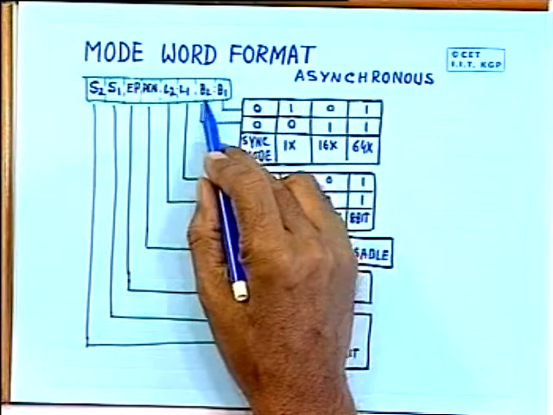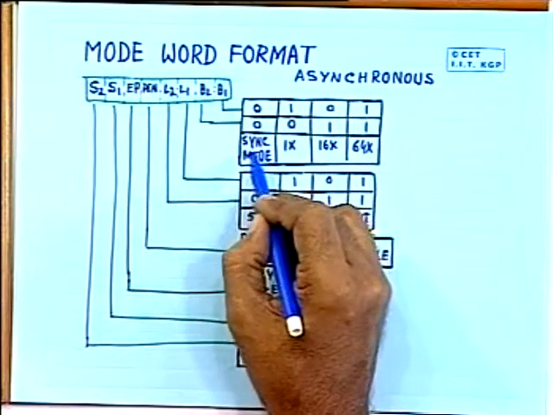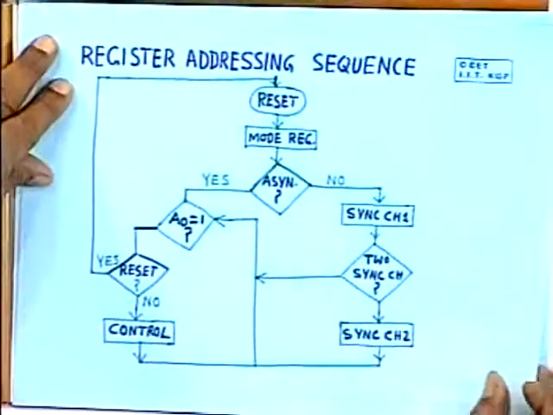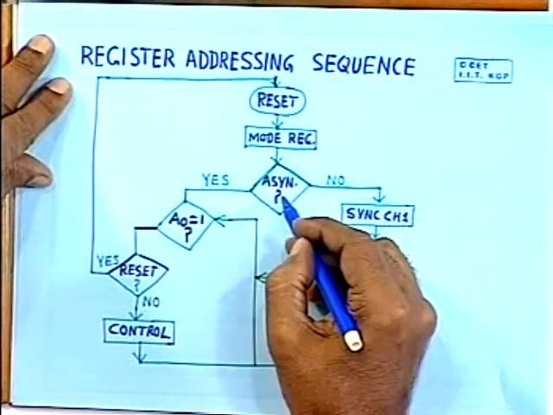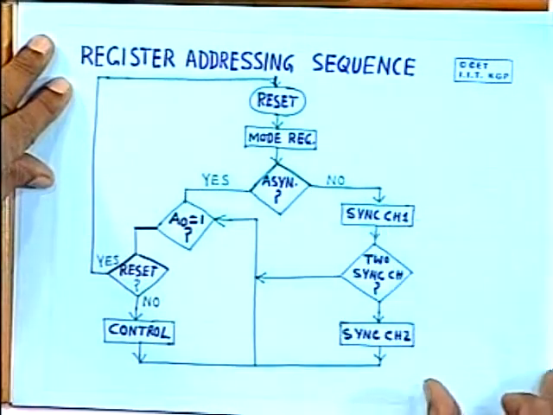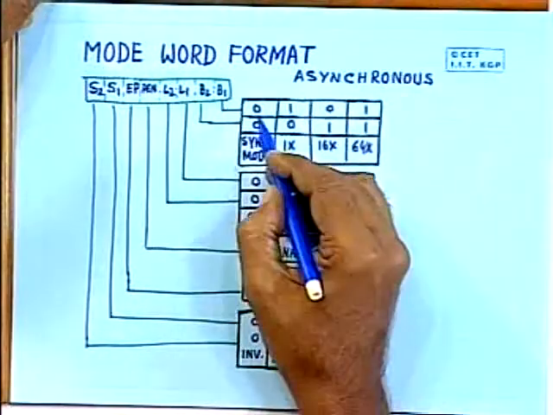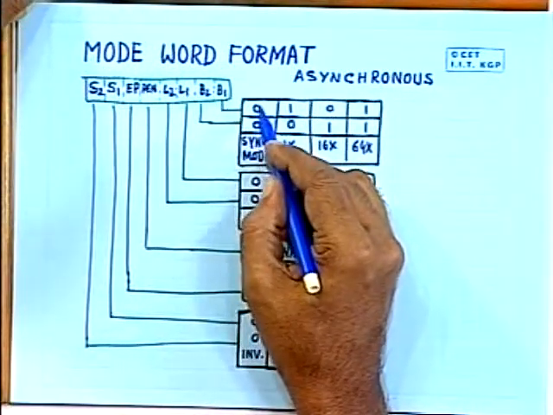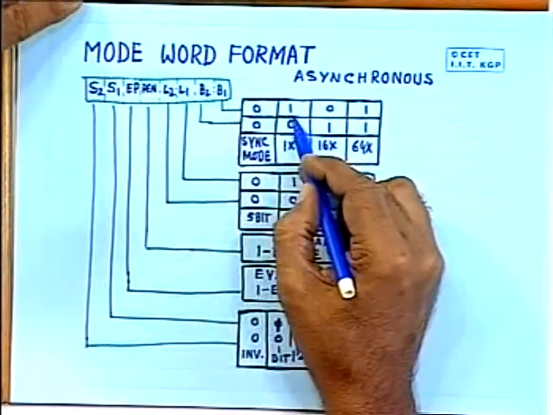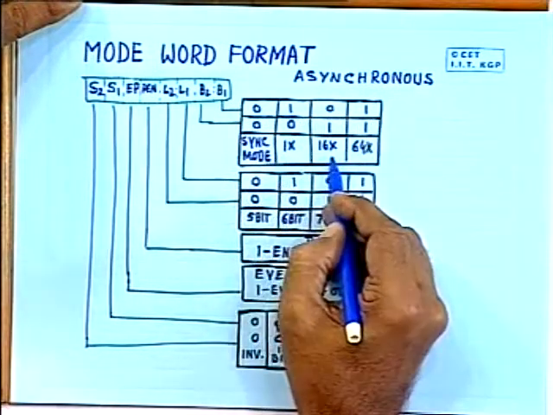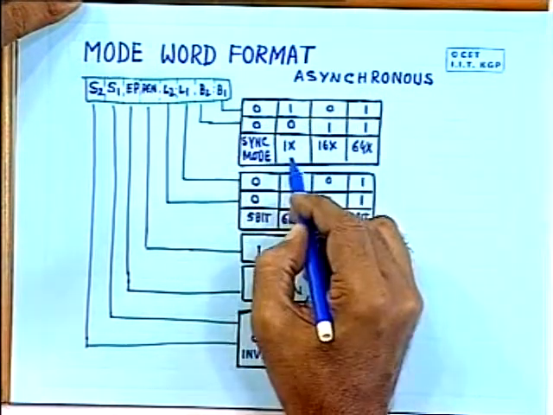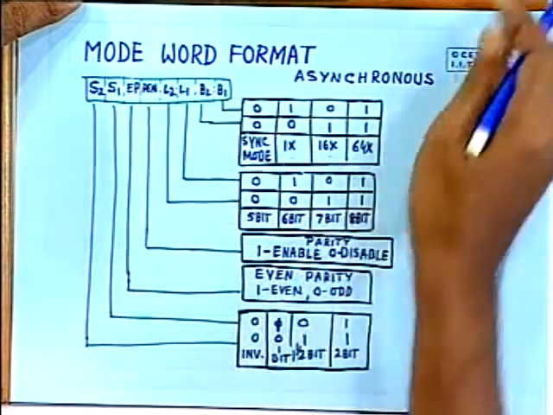If these 2 bits are 0 0, then it goes to synchronous mode. Whether it is synchronous or asynchronous is decided based on the bit values you write here, 0 0 or not. On the other hand, the other bits decide the clock frequency, 1x, 16x or 64x.